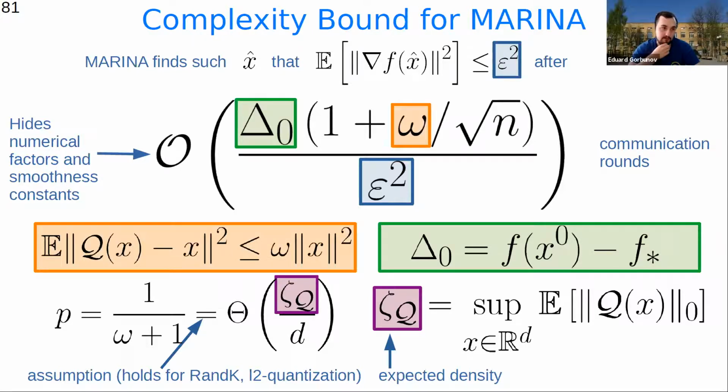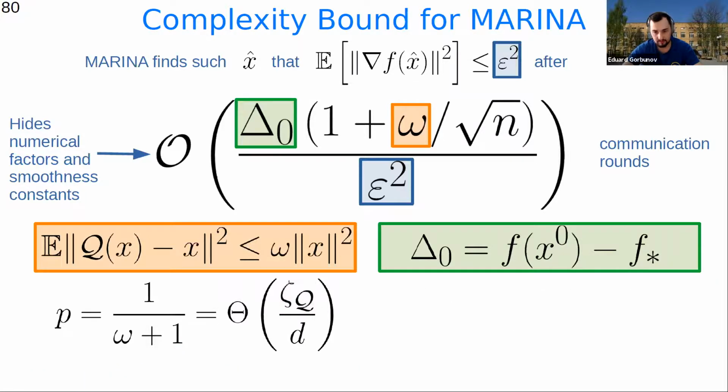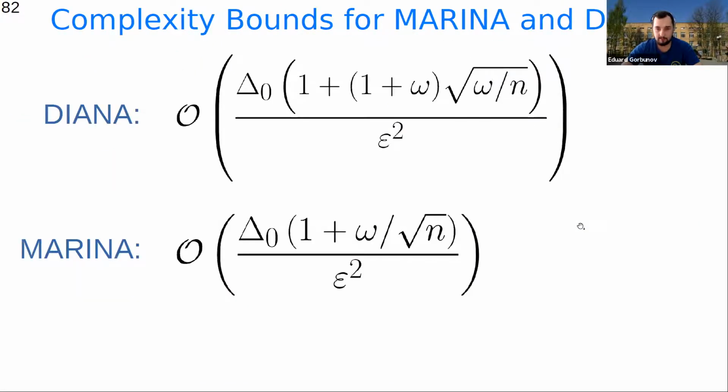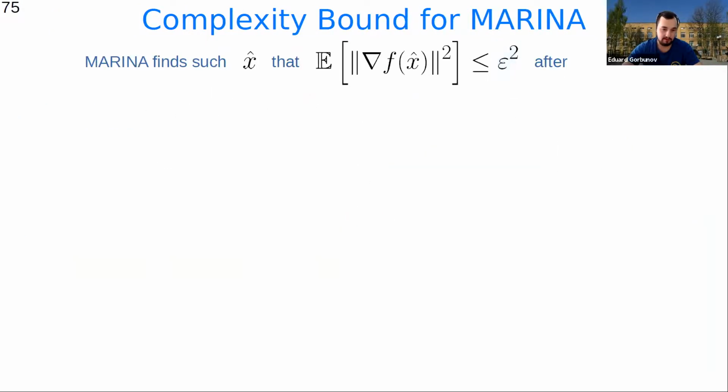Thank you for the question. I didn't think about this, but I think that in Diana we pay for this, let me show you this slide. Here we have the comparison between the rates of Diana and Marina. In Diana we pay an extra square root of omega factor because we learn these shifted vectors.